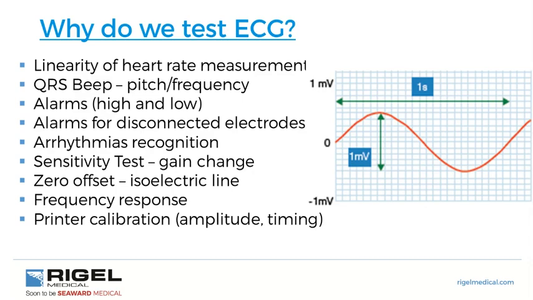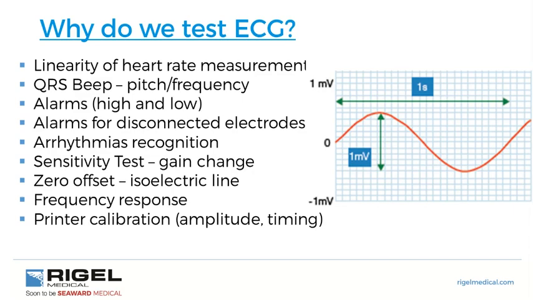We can look for arrhythmias like asystole and other arrhythmias that perhaps might be in a service manual. Other ventricular and atrial conditions. The sensitivity test is the gain change of a monitor, either via a graph or displayed on the screen.